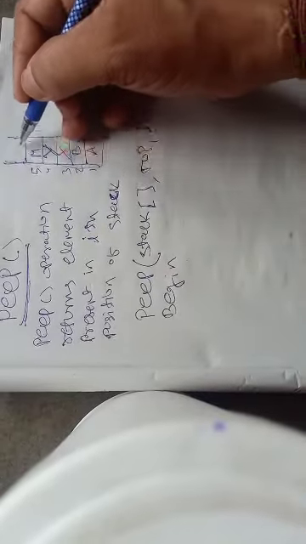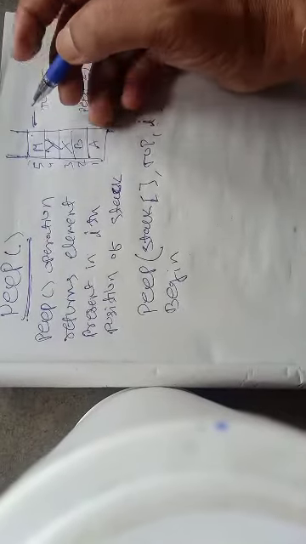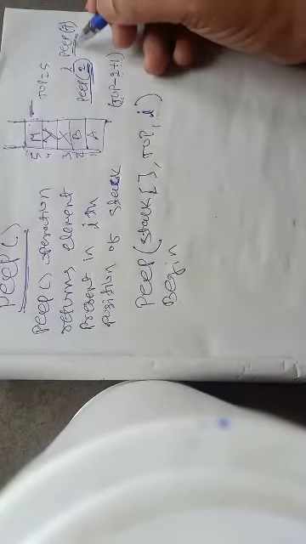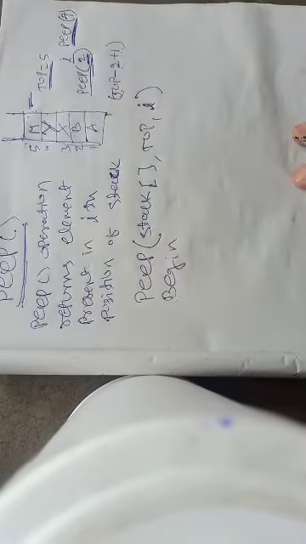Currently the stack contains only 5 elements, so you cannot find the 7th element. The position should be anything between 1 to 5: 1, 2, 3, 4, 5. So the value of i must not exceed the value of top.